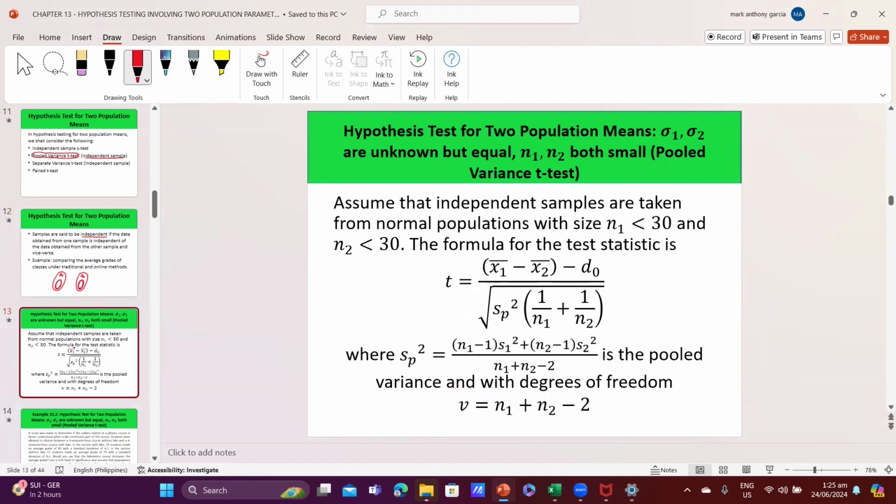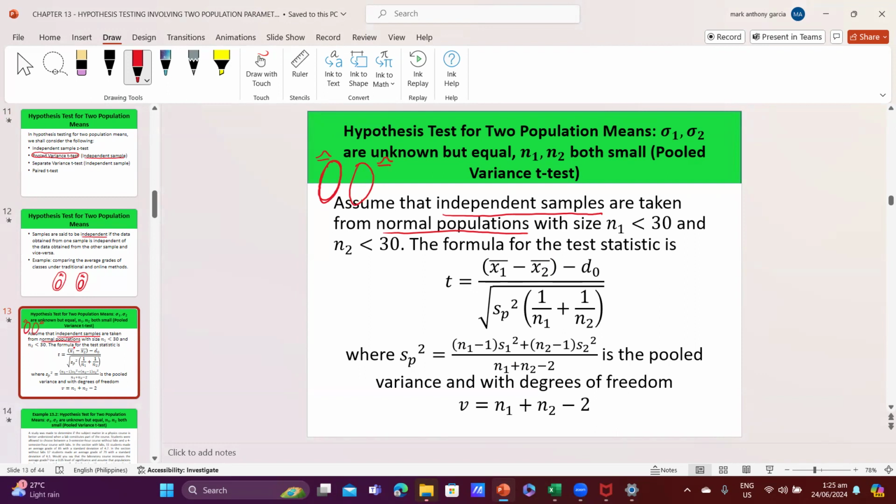Now, the second case about the hypothesis testing for the two population means is the pooled variance t-test. In here, we assume that the independent samples are taken from normal populations. Which means that the values from the first population group are normally distributed, and the values from the second population group are also normally distributed.